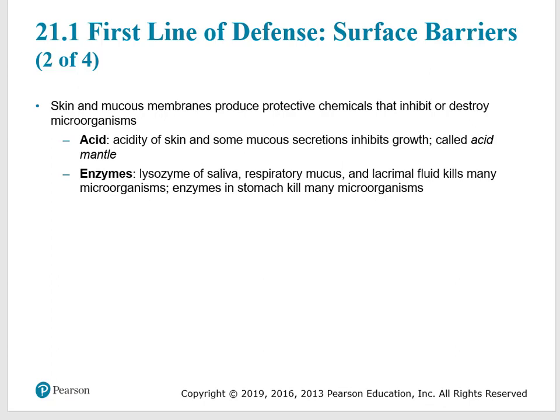We know that skin itself is made of multiple layers of stratified squamous epithelium. The topmost skin layer peels off because it is dead tissue, constantly sloughing off of our body. But you also know that the skin has multiple glands.